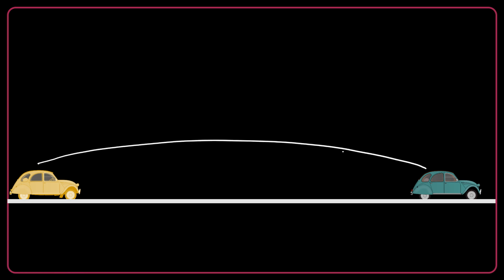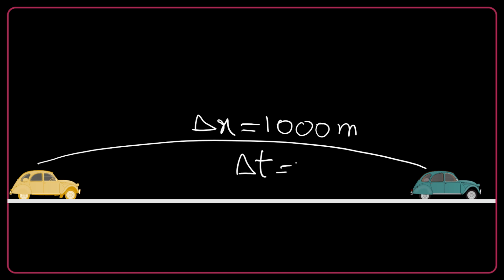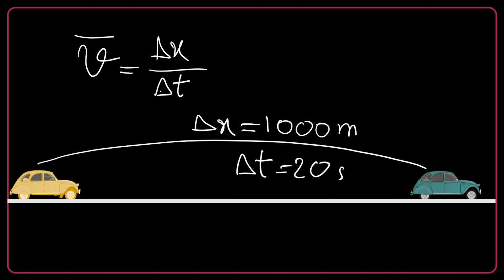Now let's continue with the concept of instantaneous velocity. Look at this car. Suppose that the car starts from here, goes on a straight line to the right, and this is the end of the journey. Let's say this journey takes a delta x of 1000 meters in 20 seconds. To find the average velocity, we should divide delta x by delta t, total displacement over total time.